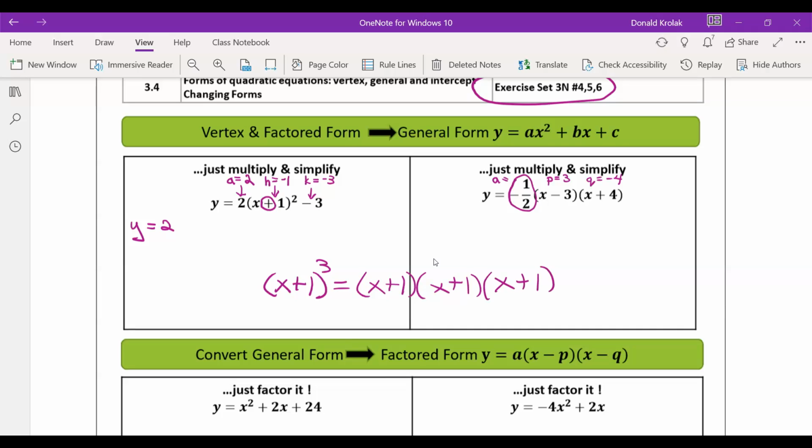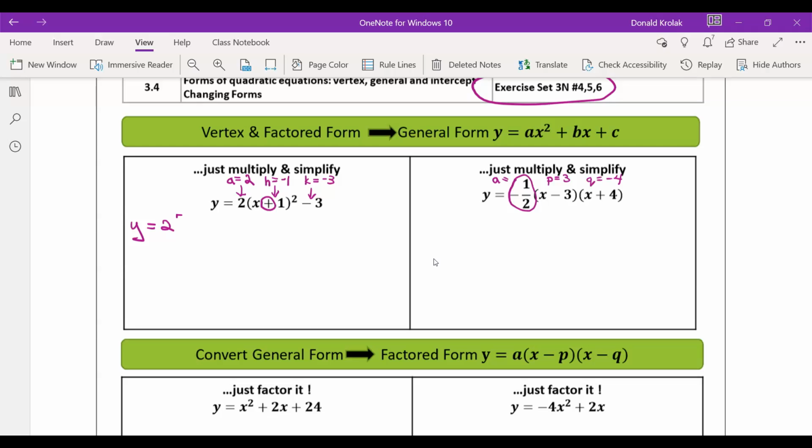And now I'd have to do a whole bunch of multiplying. Now later on, we're going to learn a shortcut to doing this, using Pascal's triangle of all things. So on this one here, you don't really need a shortcut because it's only 2.